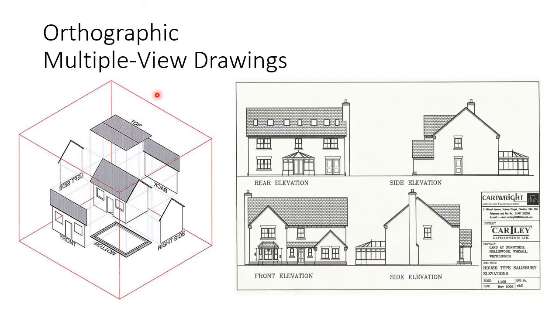Orthographic projection is a type of parallel projection where the projection rays are perpendicular to the projection plane, and it is the projection type of choice for all architectural and engineering working drawings.